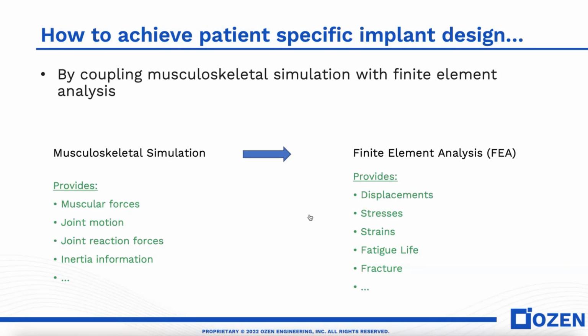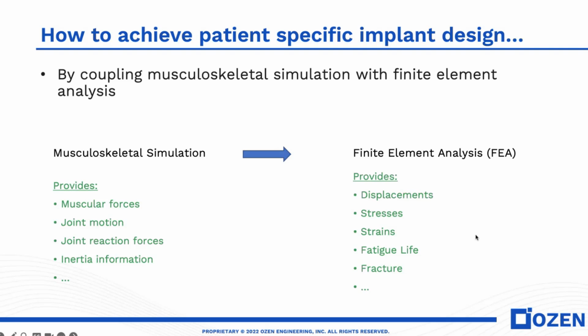And once you take the input from musculoskeletal simulation and input it into finite element analysis, then you get the displacement, stresses, strains, and most importantly, the fatigue life, and answer the question of whether the implant is going to fracture or not under certain load conditions. So fatigue life and fracture go hand in hand, and that's really the ultimate goal, to be able to see how long these implants will last in the human body.